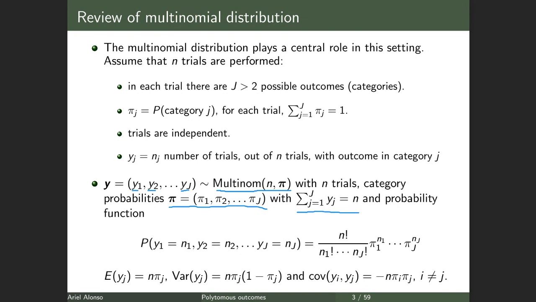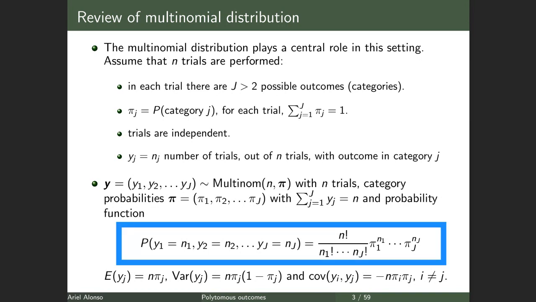Now, what is a multinomial distribution? A multinomial distribution, which is given over here, is just the probability that you will get a certain vector of outcomes. That's it. So the probability that you will get n1 times outcome 1, n2 times outcome 2, and nj times outcome j is given by this expression over here.